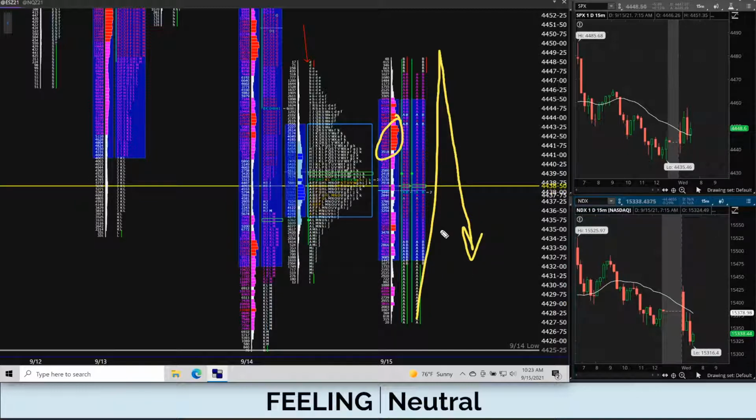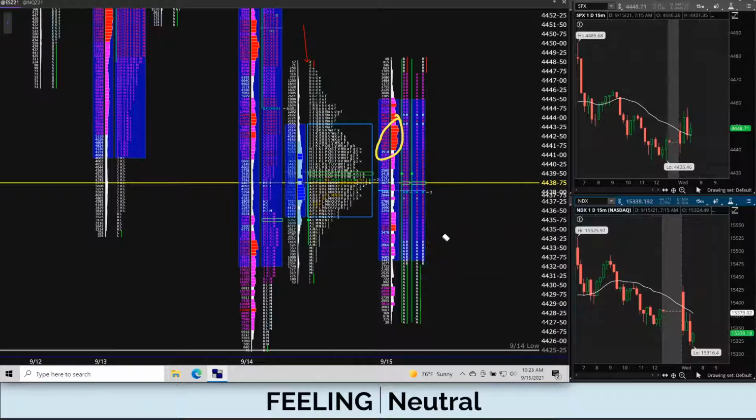If I started to see the C period trade below the B period low, that to me would mean we're reversing and heading the other direction. But within the B period, I assume that we're just going to rotate or push higher. So there are probabilities in everything that I look at, but they're just not exact.